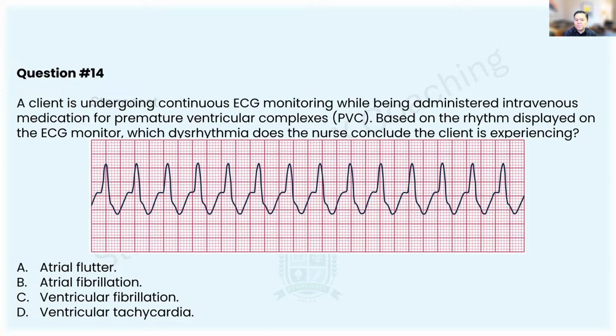Based on the rhythm displayed on the EKG monitor, which dysrhythmia does the nurse conclude the client is experiencing? Is it A, atrial flutter, B, atrial fib, C, ventricular fibrillation, and D, ventricular tachycardia?